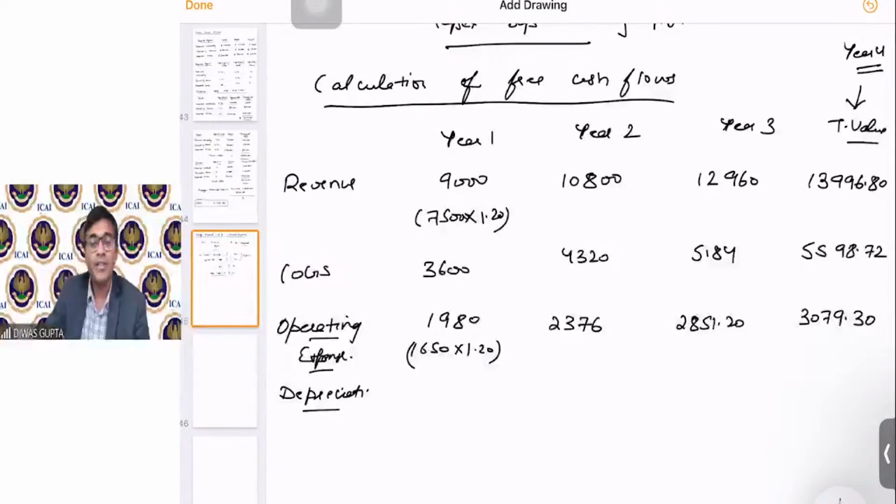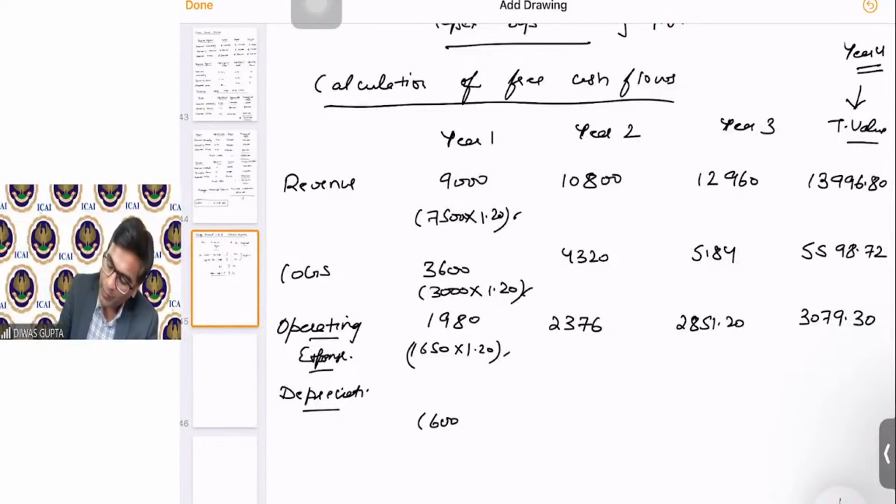So Kusuma is saying first year COGS is 3,000. I am also saying that it's not first year, it's the current year. So to arrive at the first year, you will have to take a 20% increase on the current estimates. Just like revenue, COGS and operating expense, depreciation also needs the same treatment. So 600 was the depreciation.